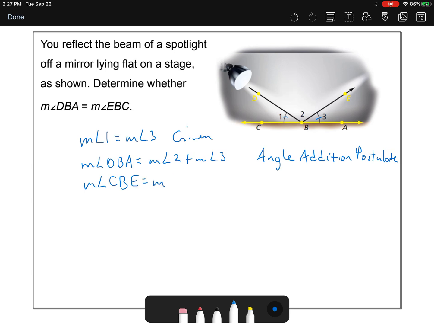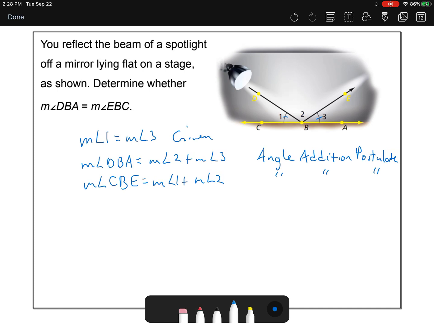Well, how about 1 plus 2? What's it equal to? CBE, isn't it? So the measure of angle 1 plus the measure of angle 2, same property, angle addition postulate. Interesting.